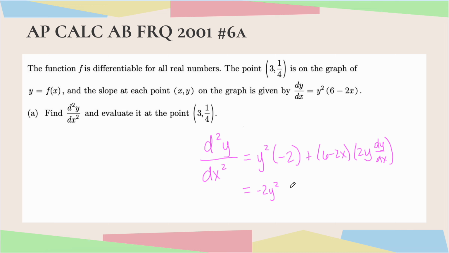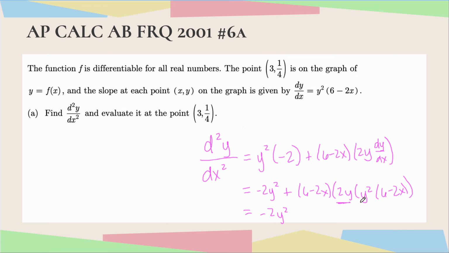Now for this part, first I'm going to just plug in for dy/dx, and then I'm going to continue to simplify from there. So dy/dx is y squared times (6 minus 2x). So this looks like one big ugly mess, but everything is being multiplied together. So it's actually not as bad as it seems because of the multiplication.